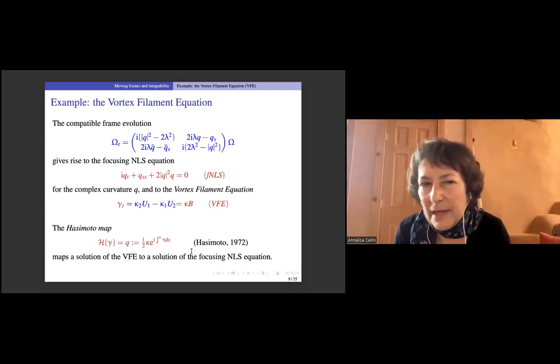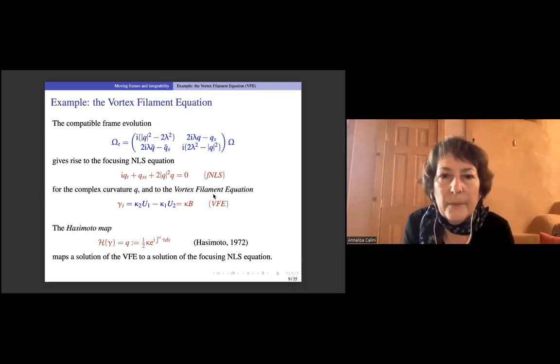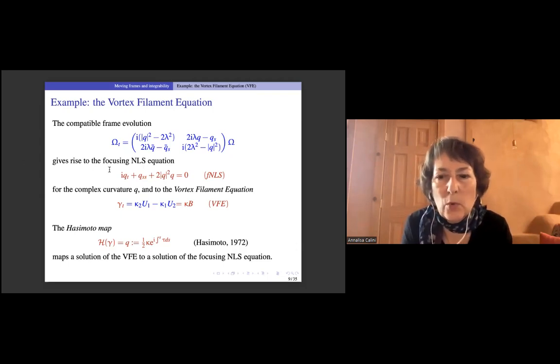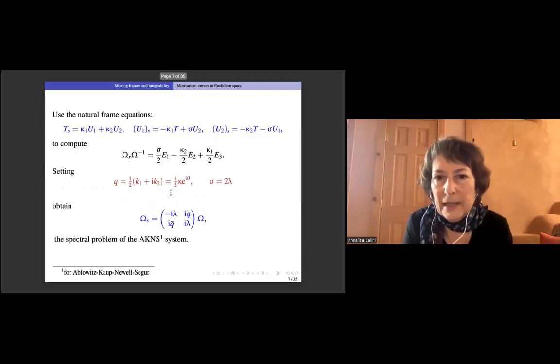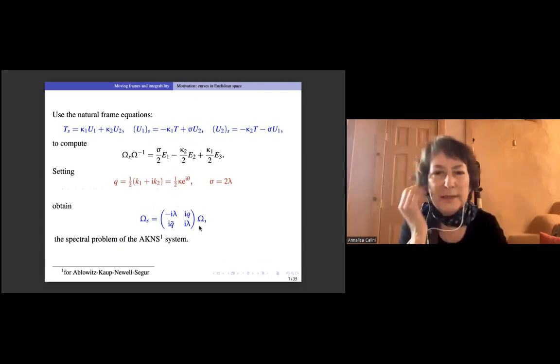Yes, the other way, by the way, so let me say something here. Your frame will be the triple T, U1, U2, for example. And there is a way from the Frenet equations, in the way I rewrote them here, this is the equivalent of Frenet equation written in the SU2 context.